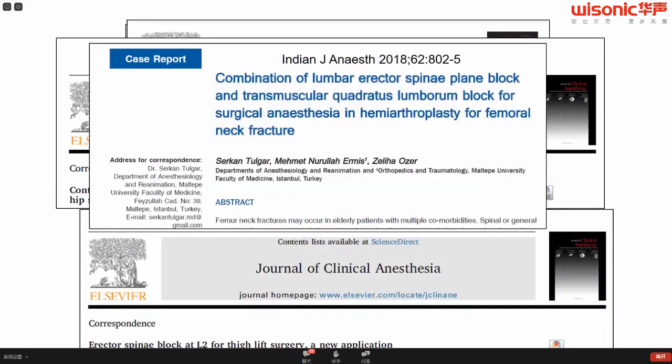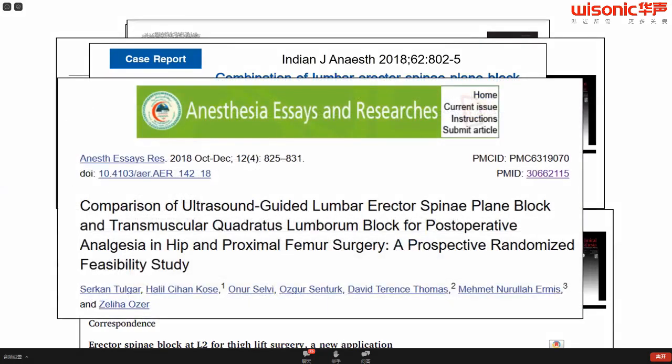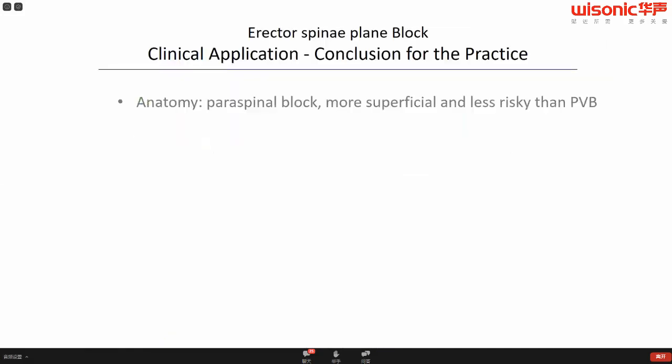We also have a study comparing lumbar erector spinae plane block and transmuscular quadratus lumborum block for postoperative analgesia in hip and proximal femur surgery.